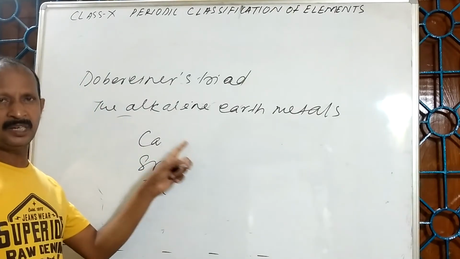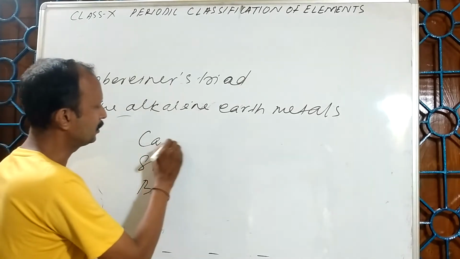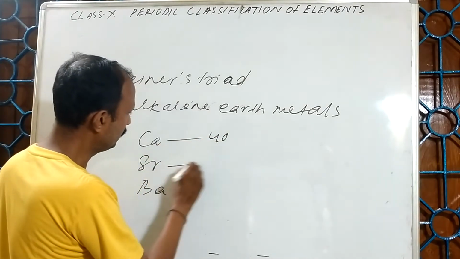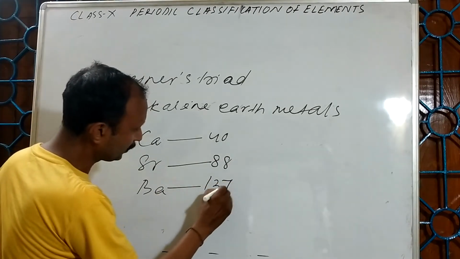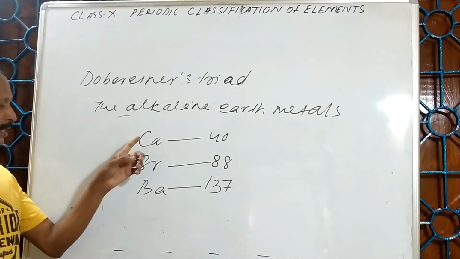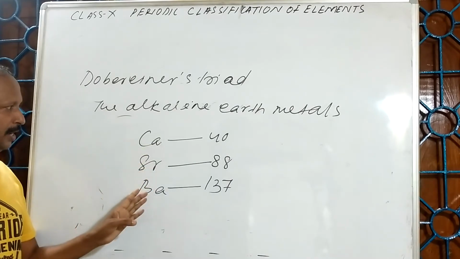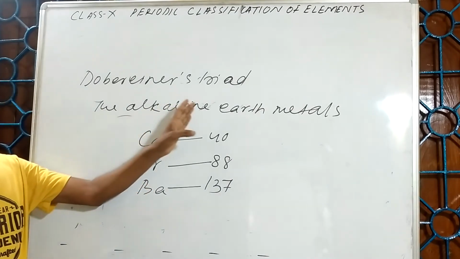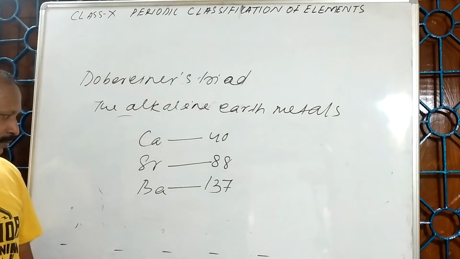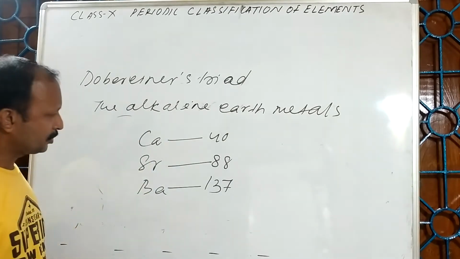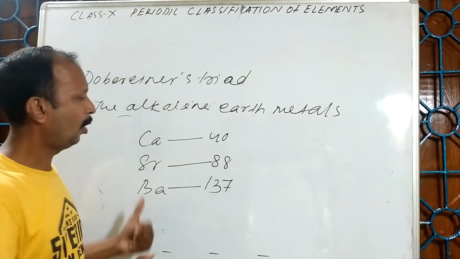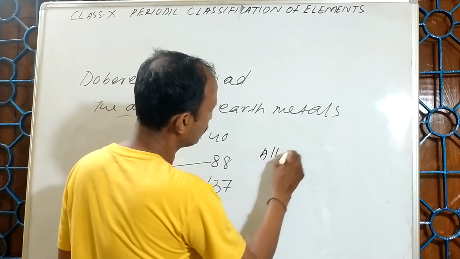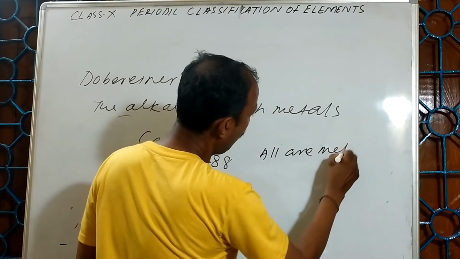The atomic mass of calcium is 40, strontium is 88, barium is 137. Calcium, strontium and barium are called alkaline earth metals, and all these 3 elements have similar properties. All are metals.